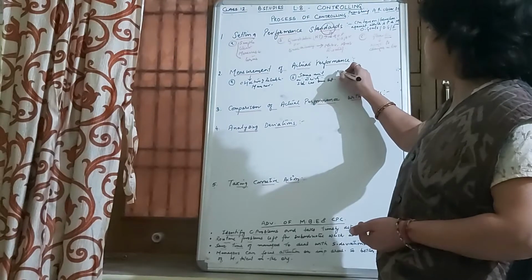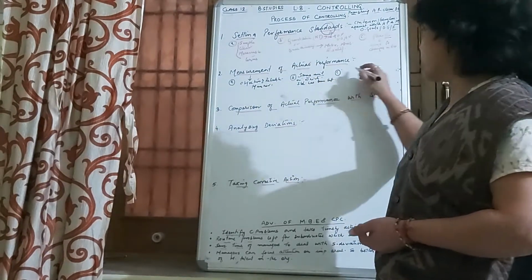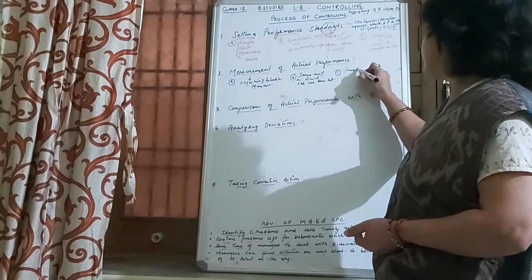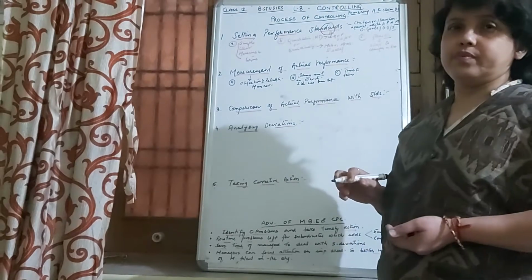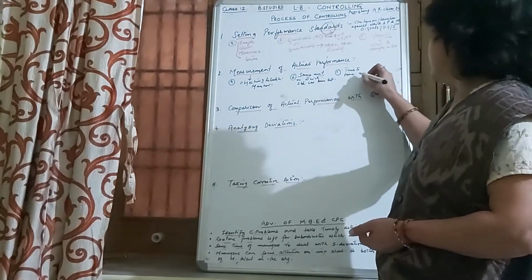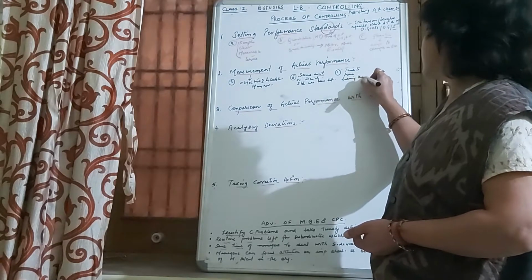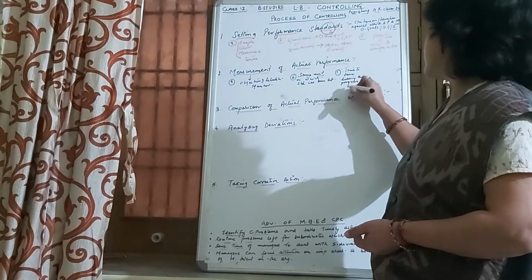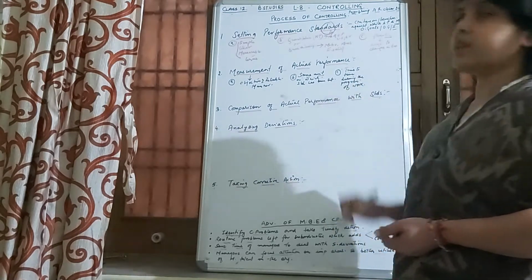Then the third thing which has to be kept in mind is that measurement should take place from time to time, during the progress of work. It is not a one-time measurement.